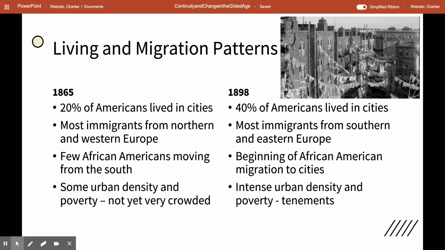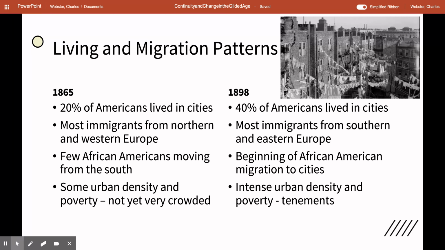And the cities themselves had pockets of density and poverty, like New York City's Five Points neighborhood, but they weren't yet incredibly crowded, right? So in 1865, there were some pockets of cities around the country, but they weren't as densely populated or incredibly crowded as cities that we think of.